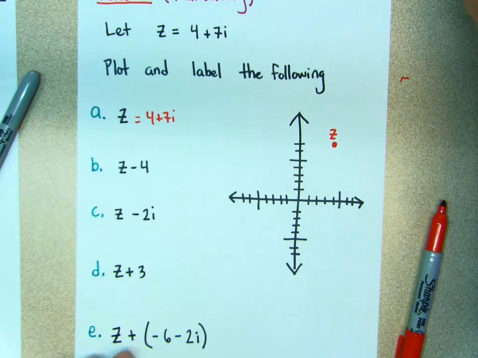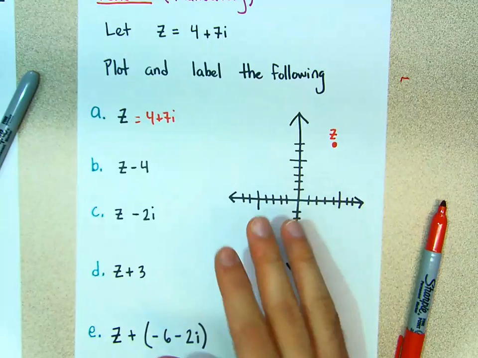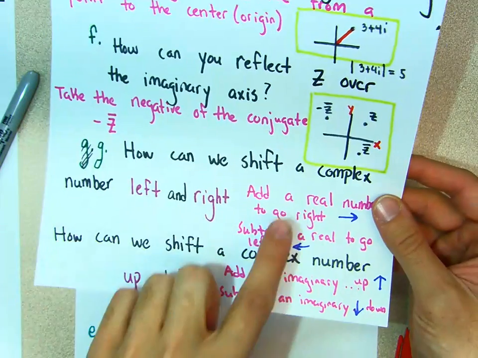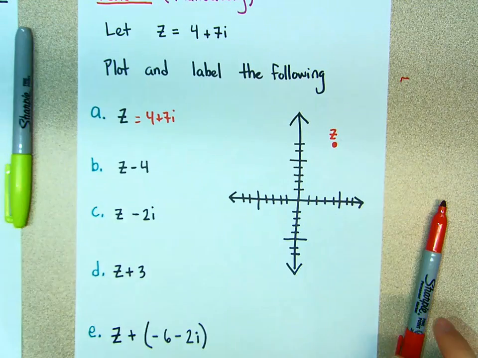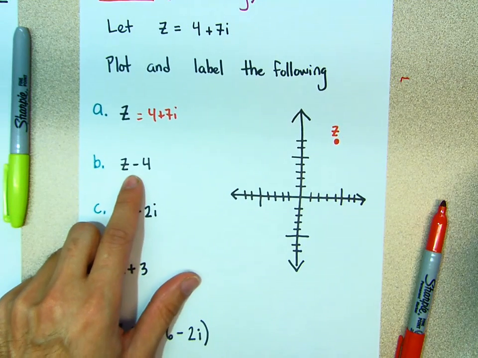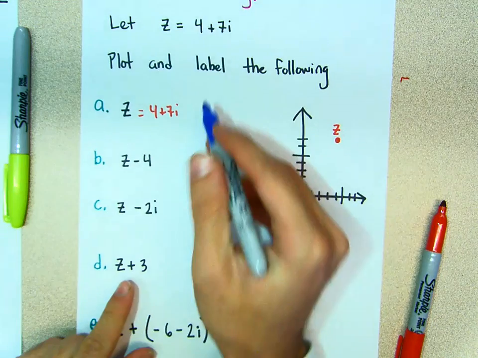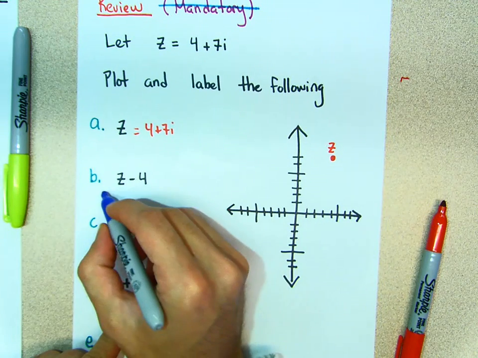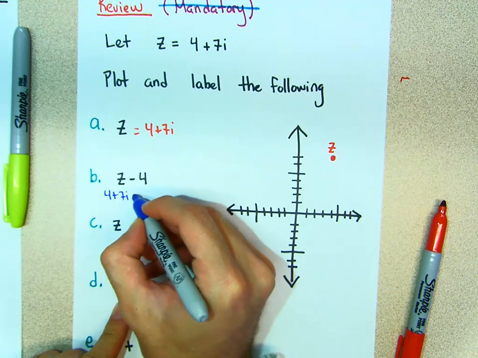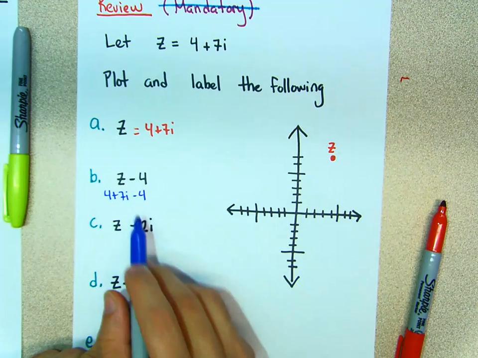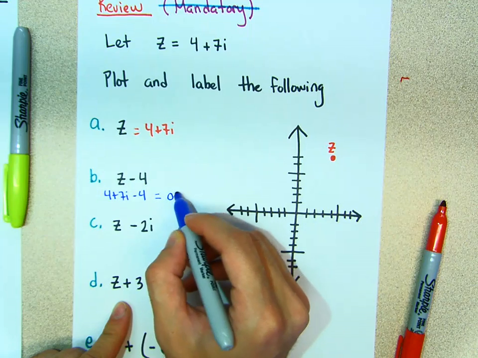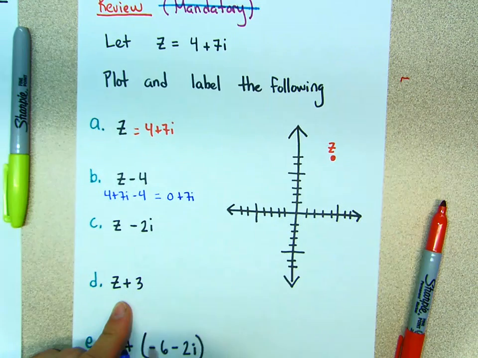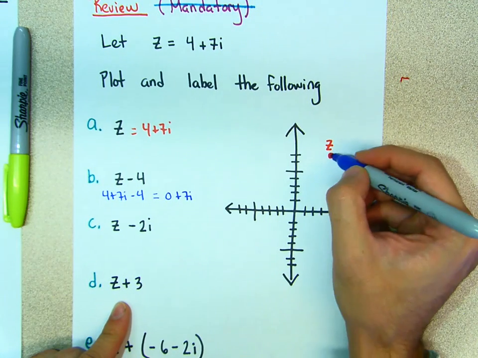And notice what I want you to do is, the game plan is to figure out how to move left and right and how to move up and down. What will do that? Okay, so here, let's look at z minus 4. If I look at z minus 4, it is 4 plus 7i, 4 plus 7i minus 4. And notice we have to combine the like terms, so 4 minus 4 is 0 plus 7i. And notice that this will be where?